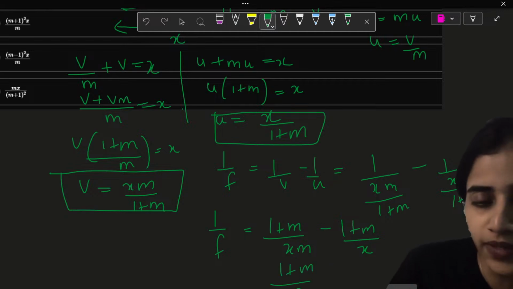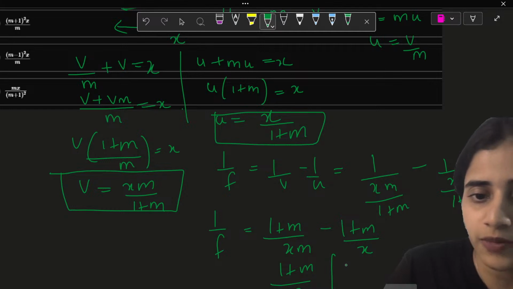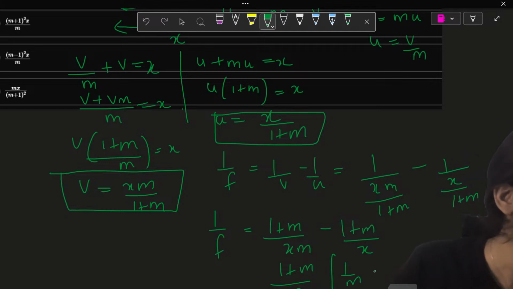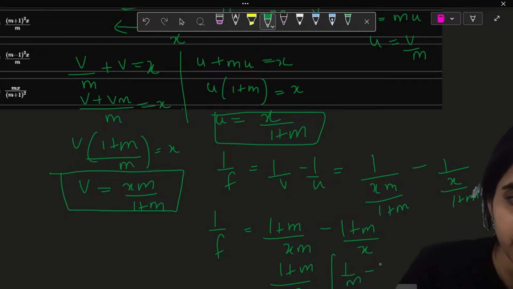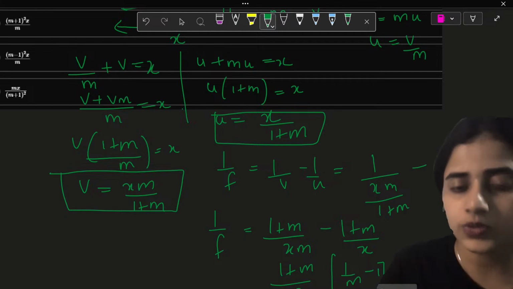So 1 plus m by x is common. I will take it outside. What remains? 1 by m, 1 by m minus 1. Okay.